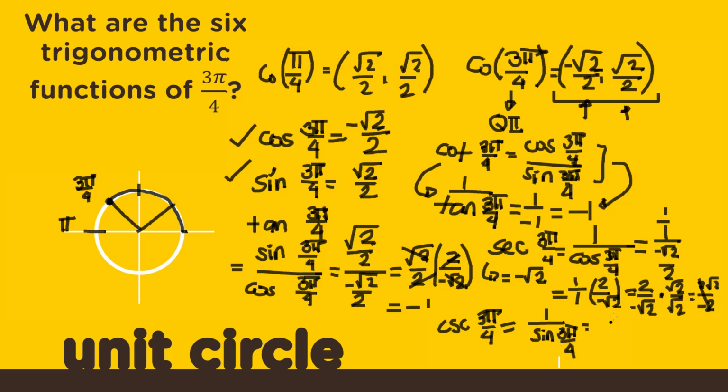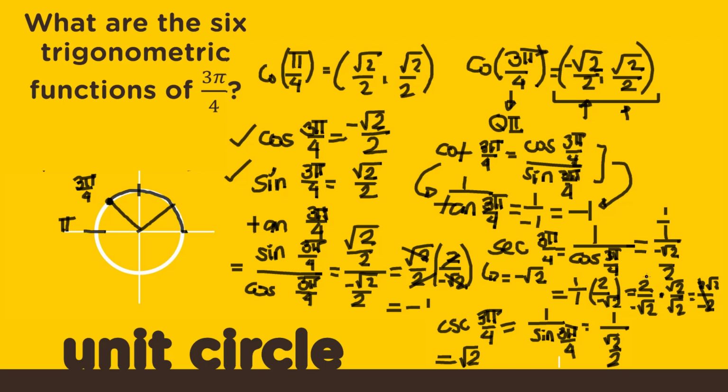So it's actually 1 over square root of 2 over 2. Similar to this, you're going to use the keep change flip method, but what is different is that you would not have a negative sign. So this is actually just positive square root of 2, as you're going to reciprocate that just like this here, reciprocate and rationalize later.